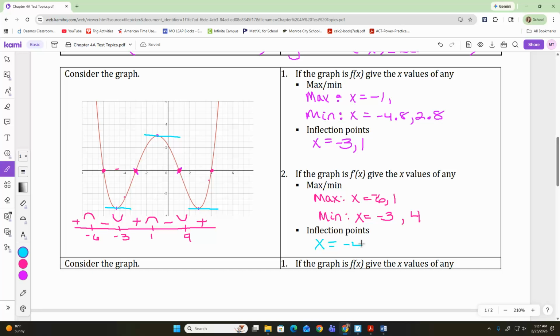So negative 4.8, negative 1, and positive 2.8. Other questions on that graph?